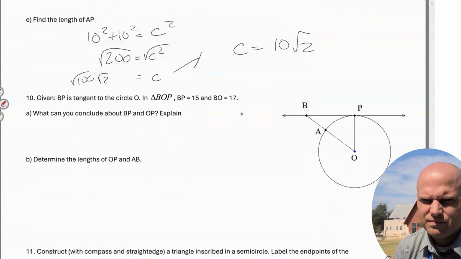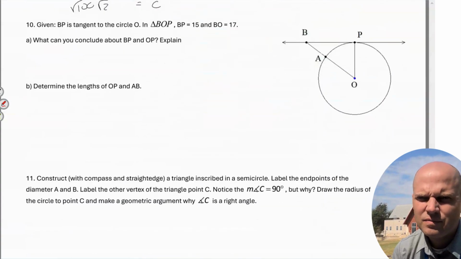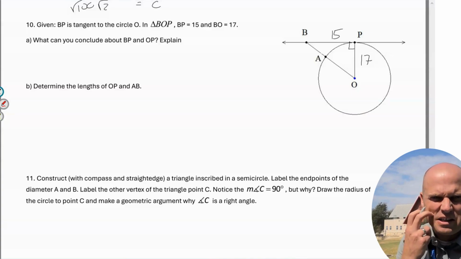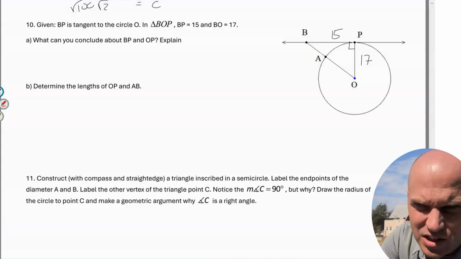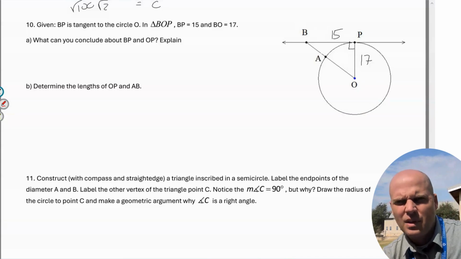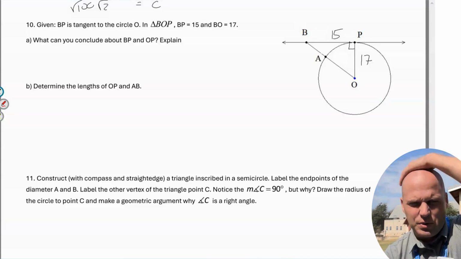It's a good question. I know that's got to be a 90-degree angle because it's tangent. What can we conclude about BP and OP? They're not equal to each other.